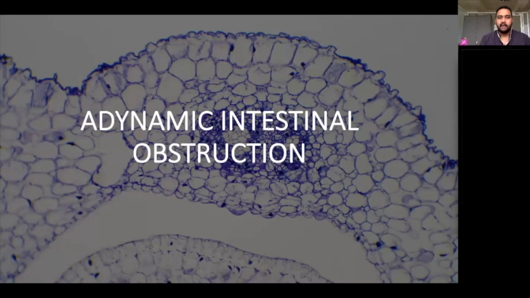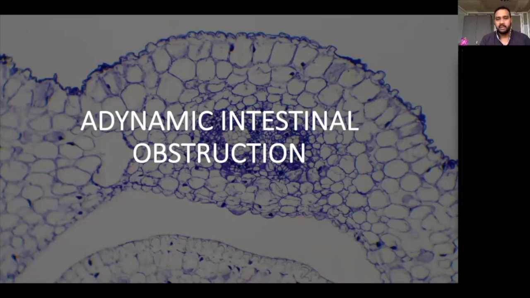And what is intestinal obstruction? I just wanted to recall whatever we did earlier. We mentioned that when the passage of the bowel content is stopped, when there's a cessation of passage, that is what we call intestinal obstruction.